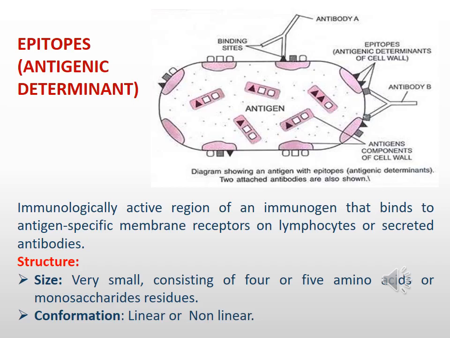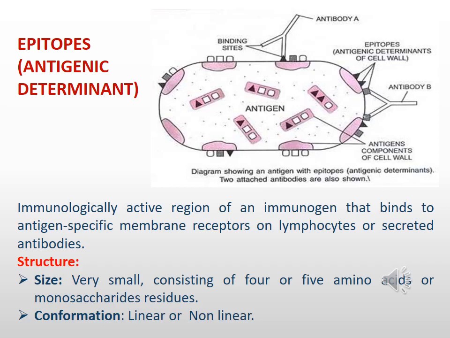This particular region is called the epitope or antigenic determinant. Their conformation may be linear or non-linear in nature. So write this down, and also give some picture if the short note comes.